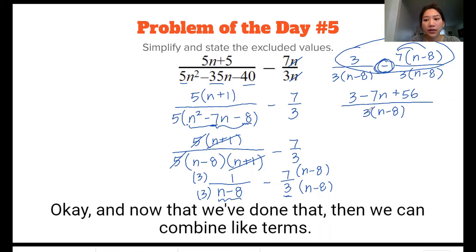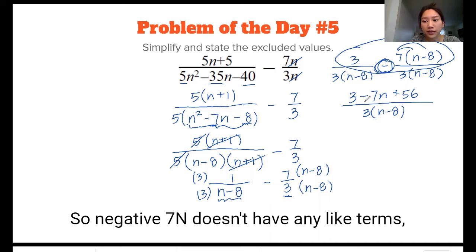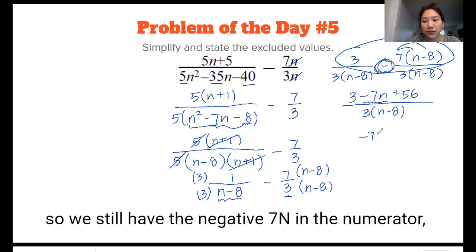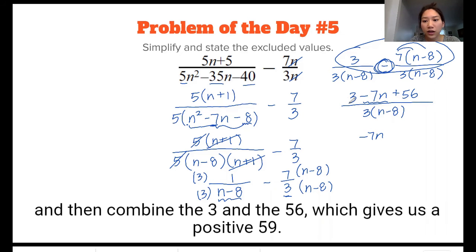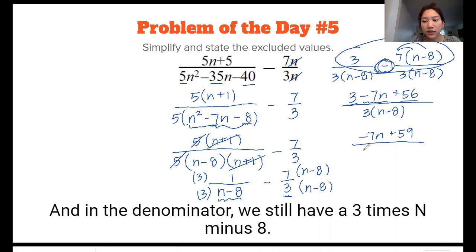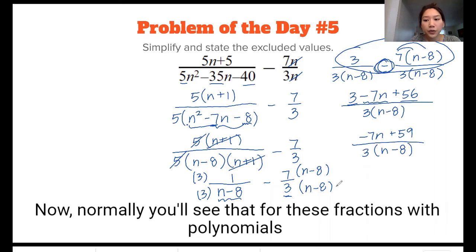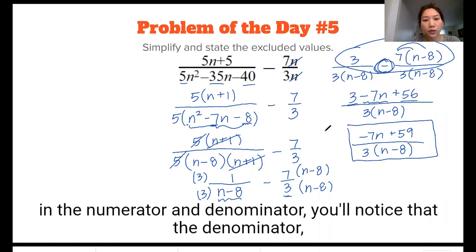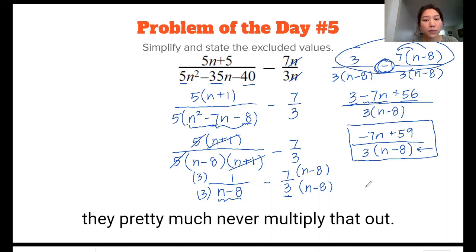Okay, and now that we've done that, we can combine like terms. -7n doesn't have any like terms, so we still have a -7n in the numerator, and then combine the 3 and the 56, which gives us a positive 59. And in the denominator, we still have 3 times n minus 8. Now, normally, for these fractions with polynomials in the numerator and denominator, they pretty much never multiply out the denominator.